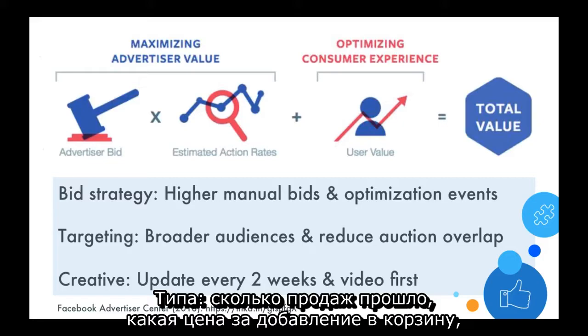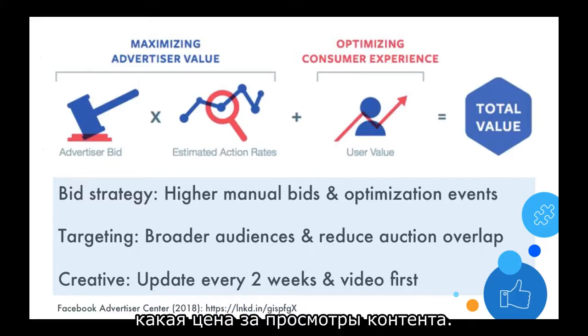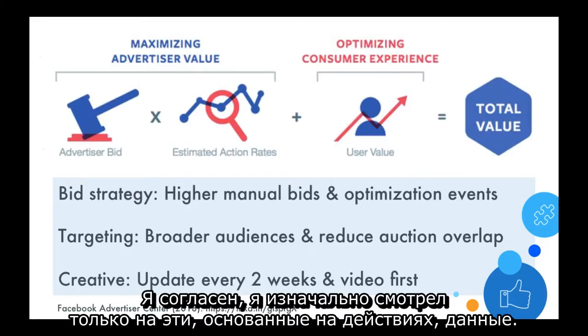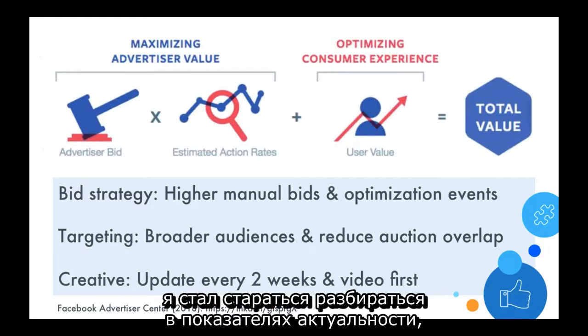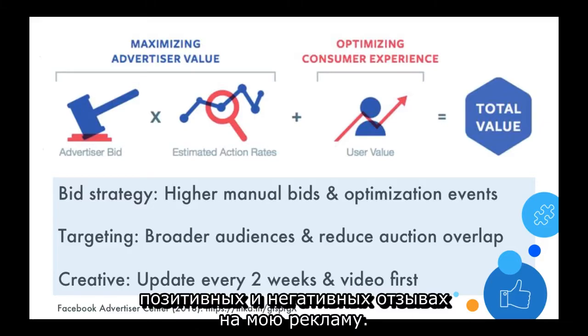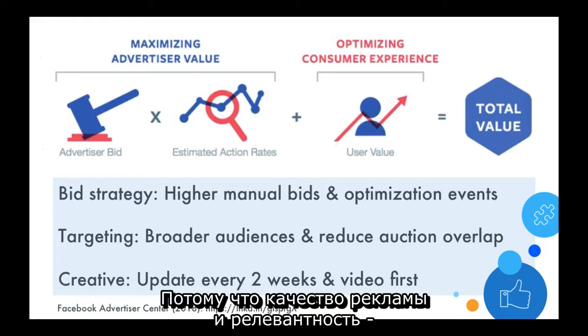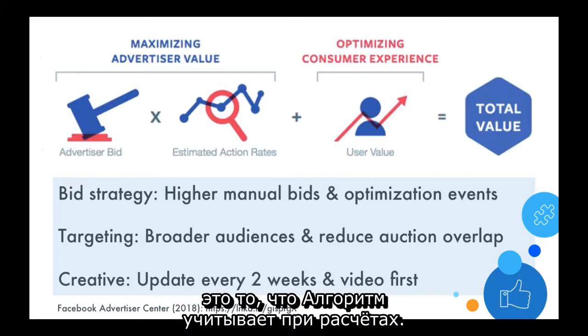So how many sales did I achieve? What's my cost per add to cart? What's my cost per view content? I agree, I primarily focus on those performance-based data. But however, if things are not going well, I try to understand also the relevance score, the positive and negative feedback to my ads, because this ad quality and ad relevance is something that the algorithm really takes into consideration.